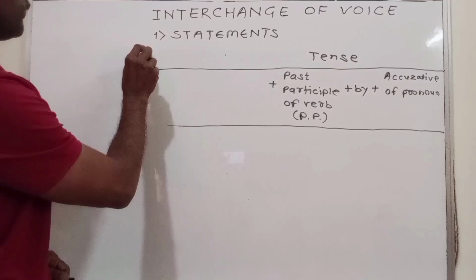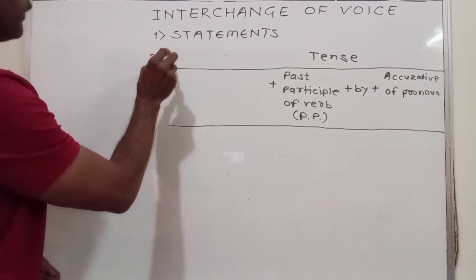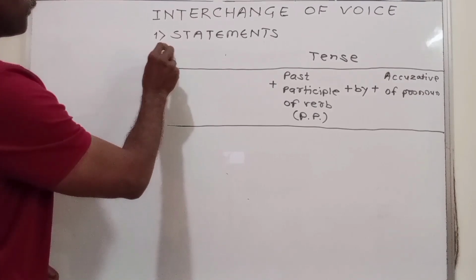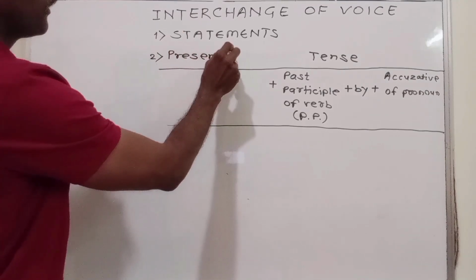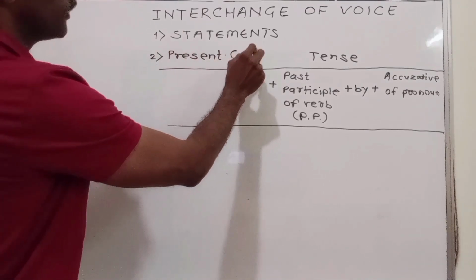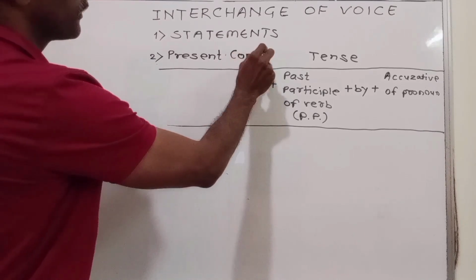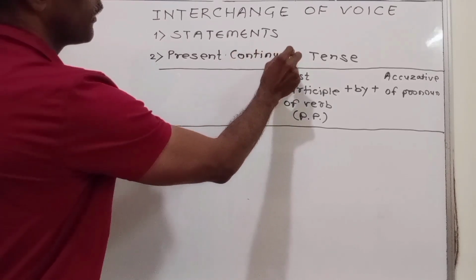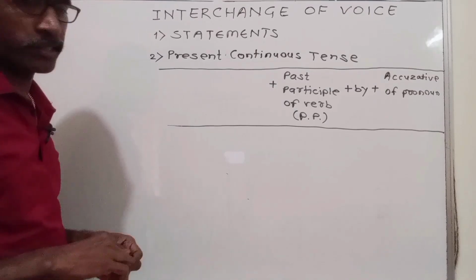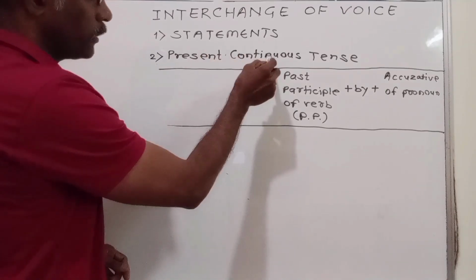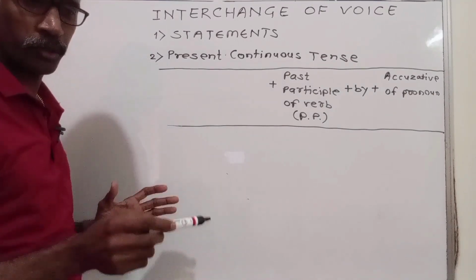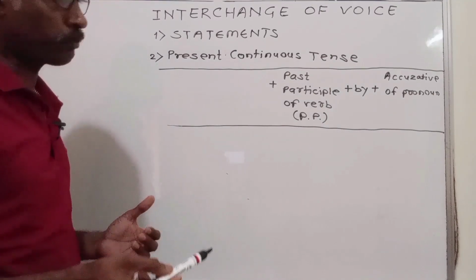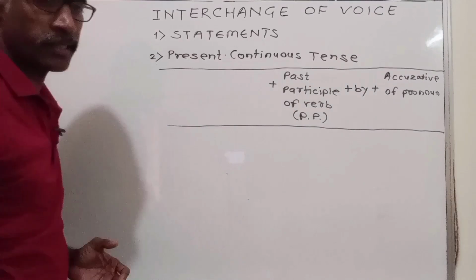Second tense: present continuous, or present progressive tense.